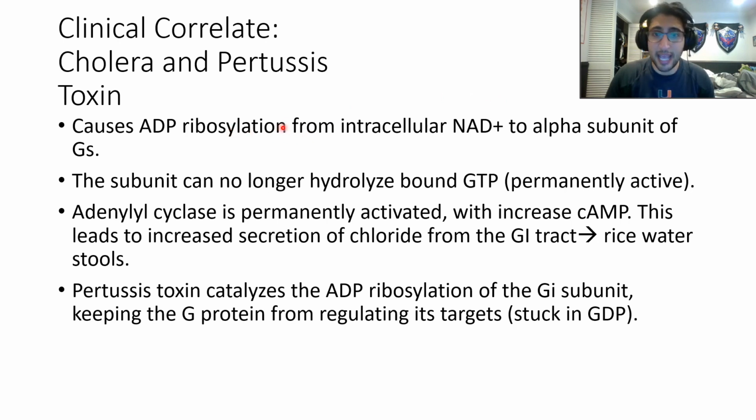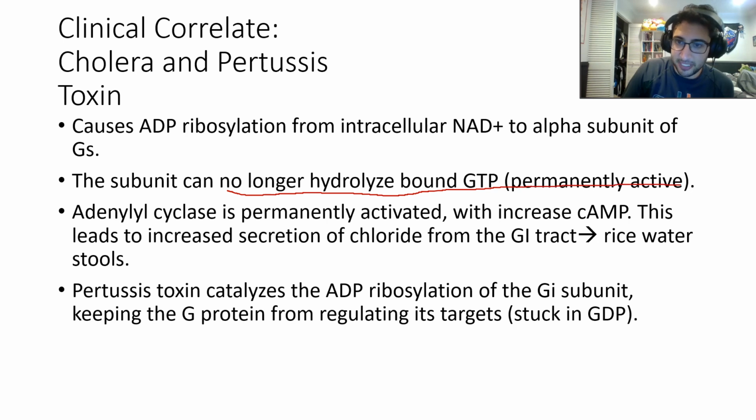What it'll do, it'll take a component of NAD, so don't worry about this phrase ADP ribosylation. What I want you to know, it's going to take a component from NAD and paste it onto the alpha subunit. And when it takes it from NAD and puts it on the alpha subunit, that subunit will no longer hydrolyze bound GTP.